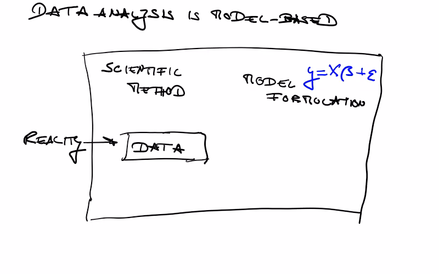You can also, in more general terms, call this theory formulation. Yeah, so I call it model formulation here all the time because we talk about the general linear model and not the general linear theory. But it's the same thing as creating a scientific theory, only in a quantitative and formalized sense.